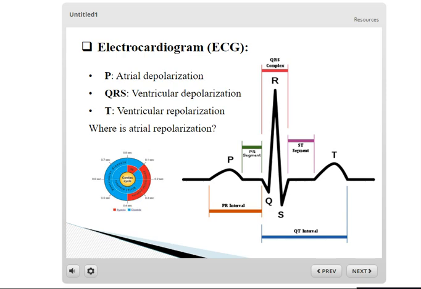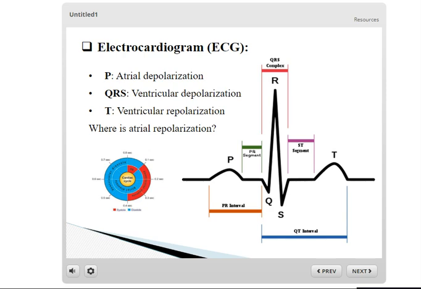You must know that atrial repolarization, which occurs after the P wave, is not clearly visible in a standard ECG recording. It is often obscured by the larger QRS complex and T wave.